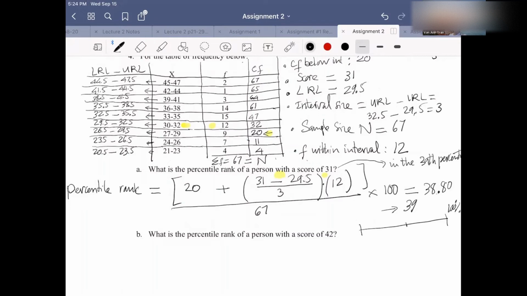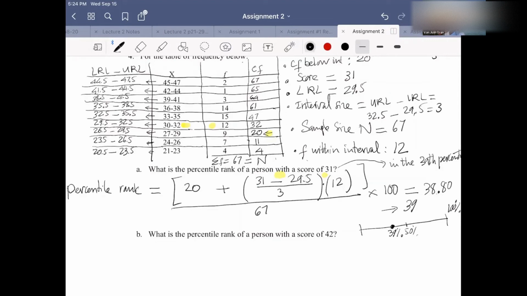Is it to the left of the 50% or to the right? To the left or to the right? All right, Angela, how about other people? Yeah, sure. Since the middle one is 50%, then 39 should be somewhere over here, right? It's close to 40%, so it should be over here. Yeah, so it should be about 39%.